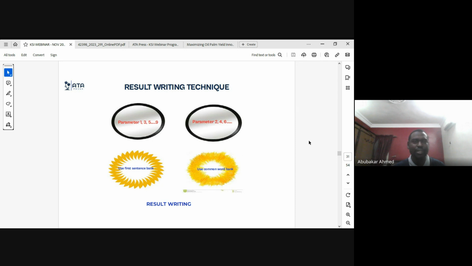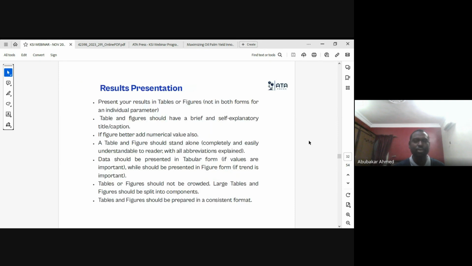One has to understand that in my research I use five different parameters. So how do I present the result so that it can attract the examiners or the reviewers, and I can present it perfectly? This is what we are going to look at today.